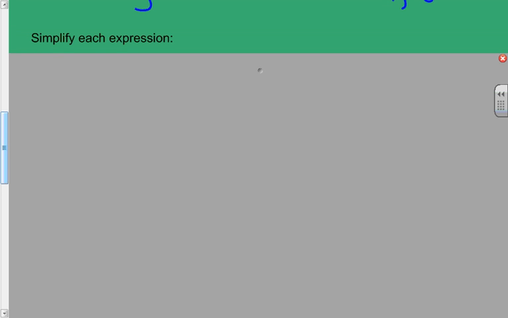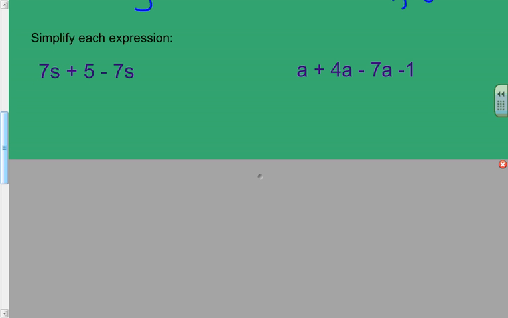Now, the reason you have to know all that is to know how to simplify an expression. If you know the like terms, you can put them together. So in this expression, we have 7 socks. I like to use words for the variables, so it kind of helps give more meaning to what's going on in the expression. You have 7 socks, and now I have negative 7 socks.